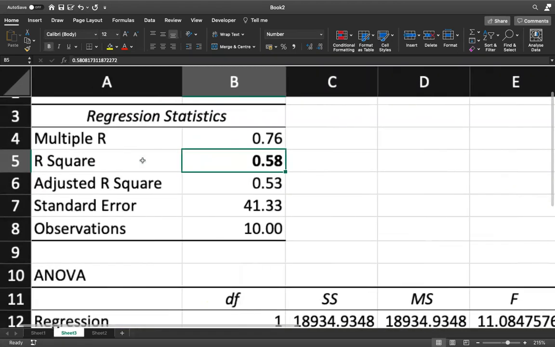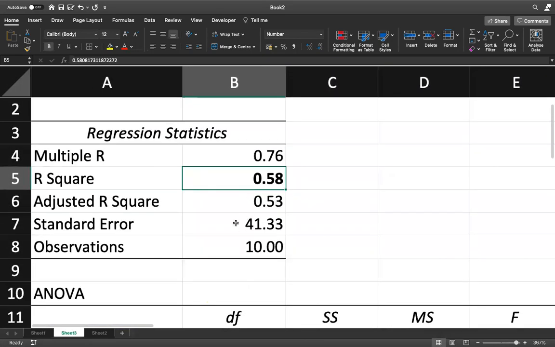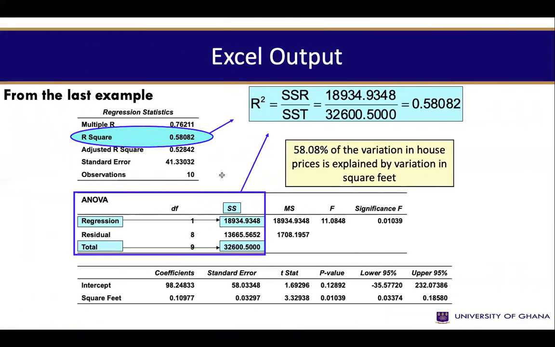That tells you that it explains 58% of the total variation. By way of explanation, we say that about 58.08% of the total variation in the house prices is explained by the variation in the house size.